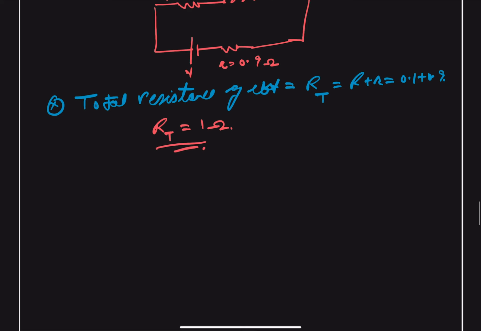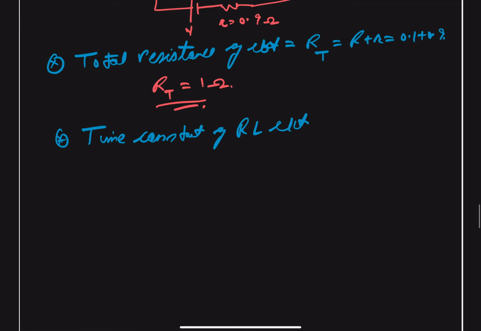We will also require the time constant. The time constant of the RL circuit is represented as tau. So tau will be equal to L divided by RT. The inductor is 10 millihenry and the resistance is 1 ohm. So we get the time constant tau as 10 milliseconds.